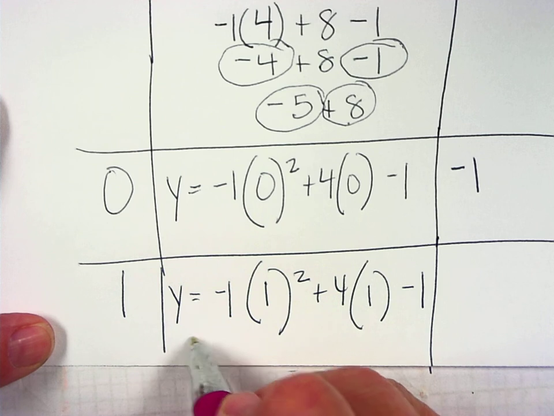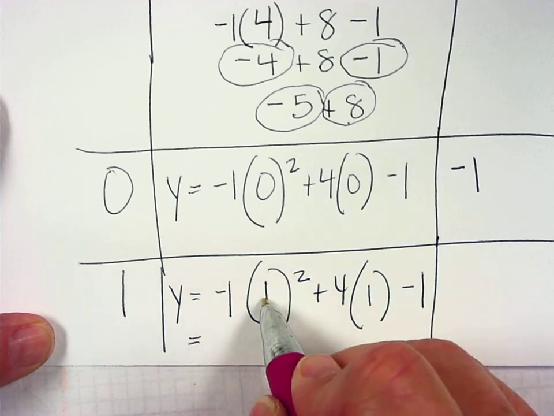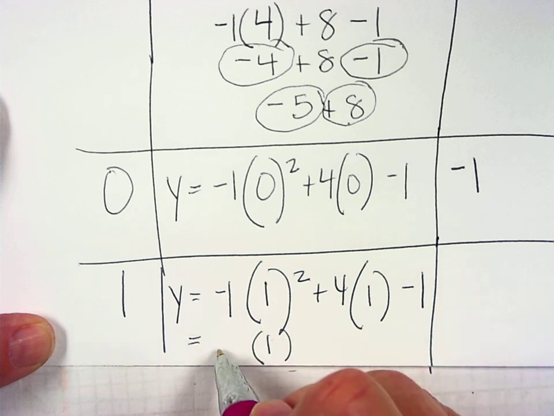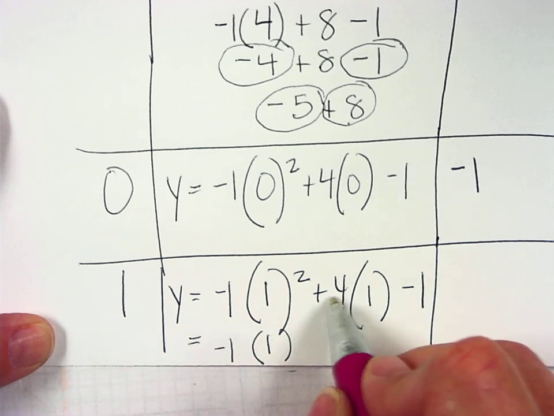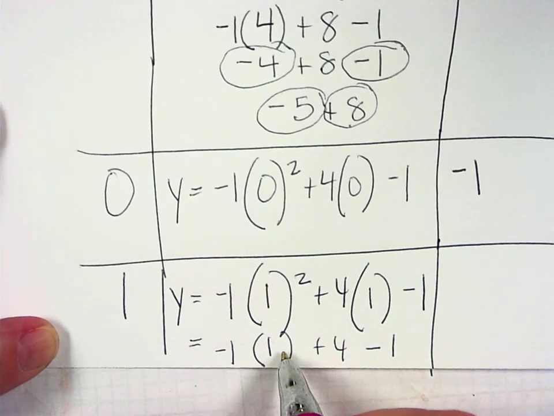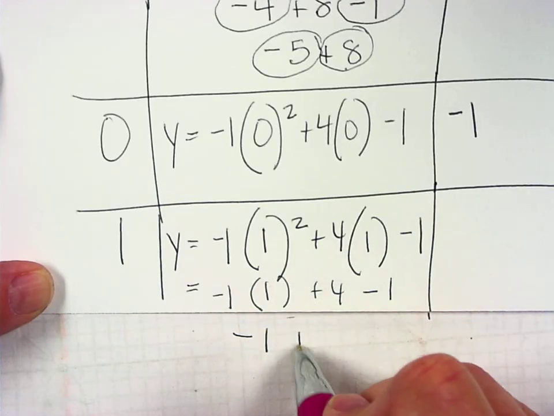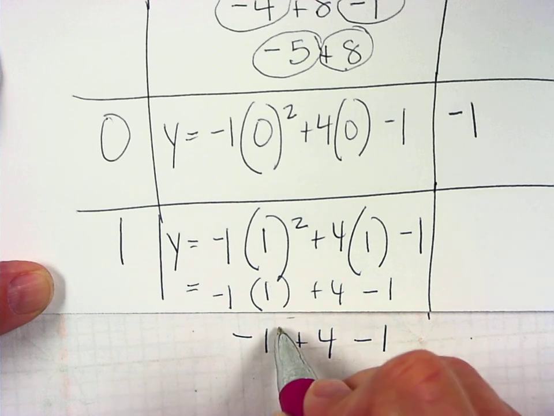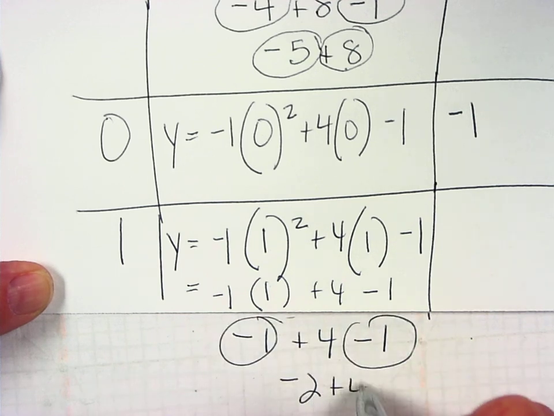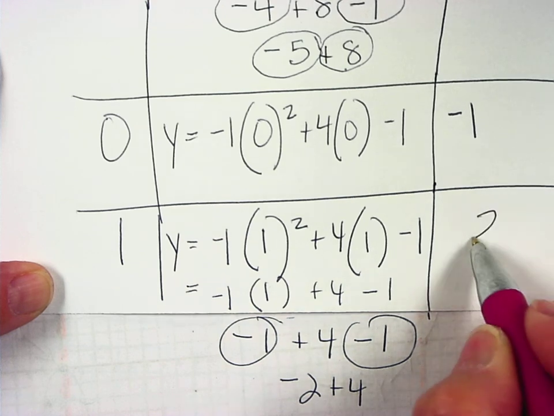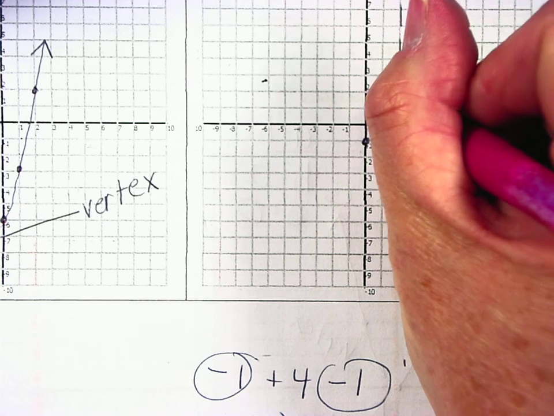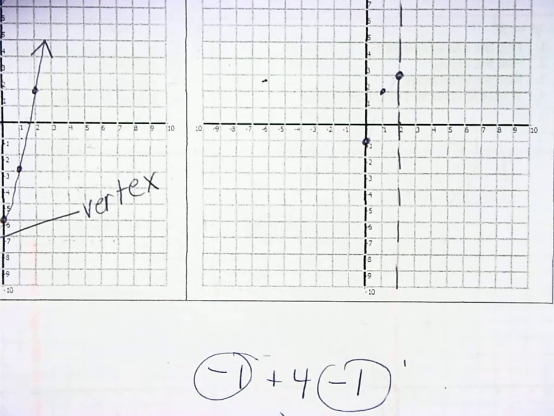So this would be exponents first. 1 squared is 1. And I'm going to multiply that by my -1 in front. 4 times 1 is 4 minus 1. -1 times 1 is -1 plus 4 minus 1. I have 2 negatives, 4 positives, and that gives me 2 positives left over, (1, 2). So (1, 2) is another point.